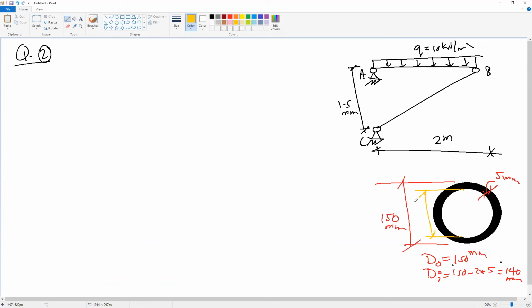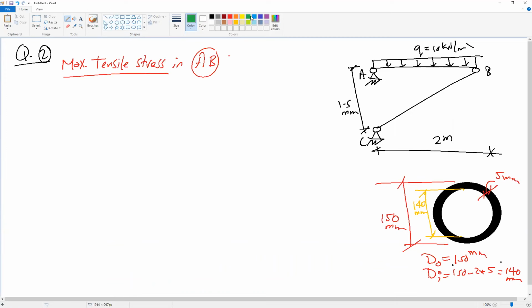is 140 millimeter. Okay, the requirement is to find the maximum tensile stress in member AB.